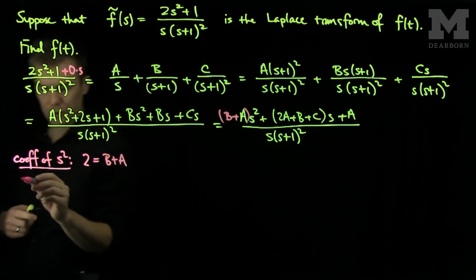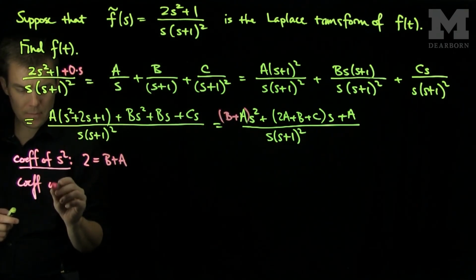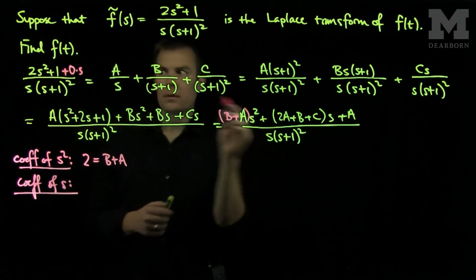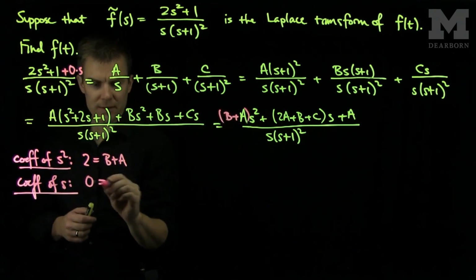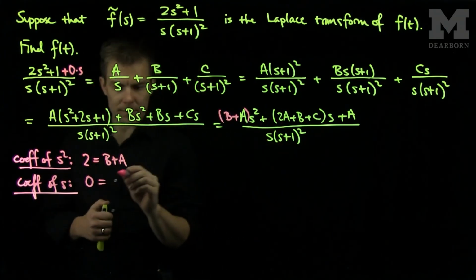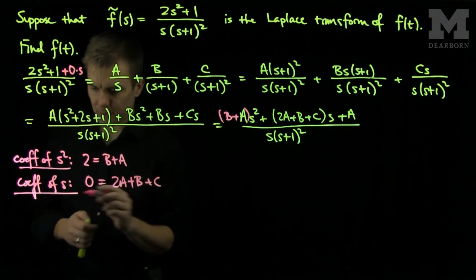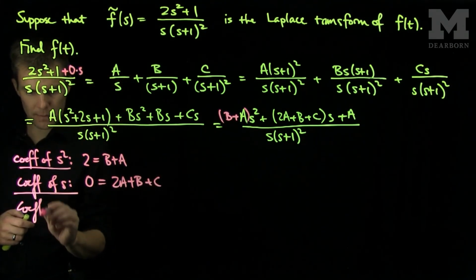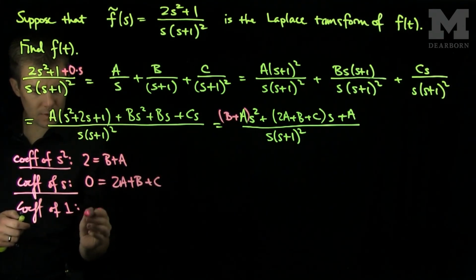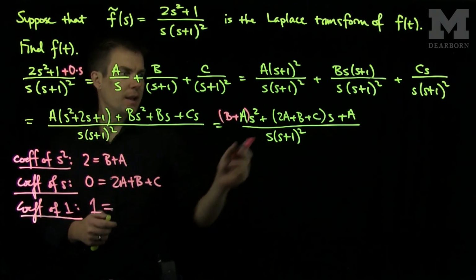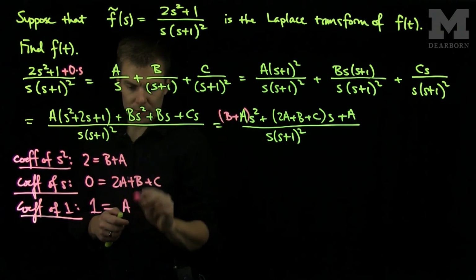The coefficient of s will be 0 on the left-hand side, and it'll be 2a plus b plus c, and the coefficient of 1, the constant coefficient, is 1 on the left-hand side, and on the right-hand side it is equal to a.